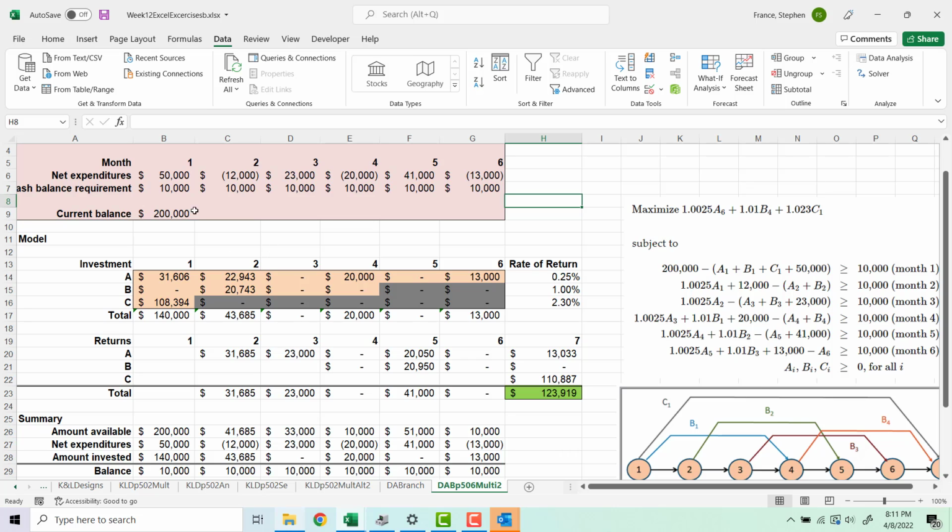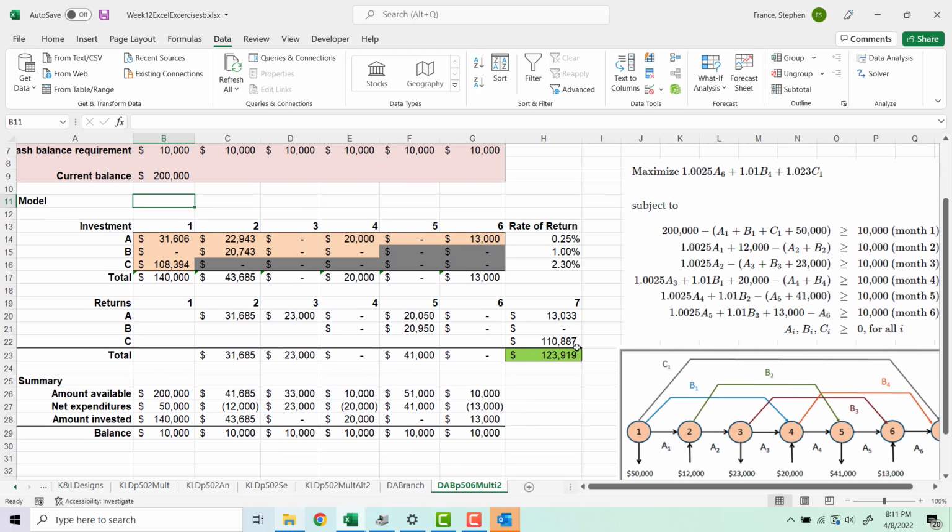If we had, say, $10,001, we could have put that $1 in investment A and got back $1.0025 in the next period. So if we have additional money than required, we can always get a better return by putting it in investment A. That's why running it with an equals constraint and a greater or equal constraint gives us exactly the same result.